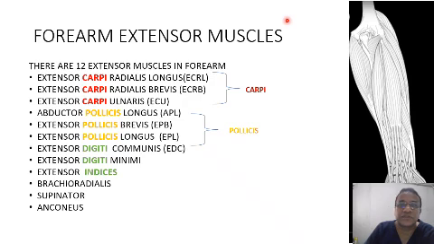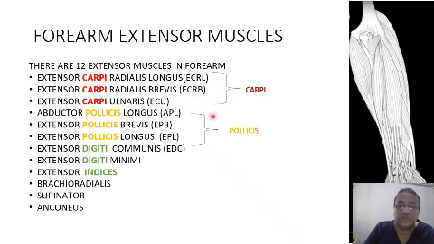Abductor pollicis longus abducts and extends the thumb at the carpometacarpal joint. Extensor pollicis brevis extends the proximal phalanx of the thumb, while extensor pollicis longus extends the distal phalanx of the thumb.